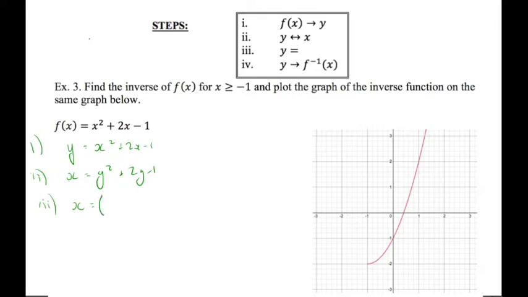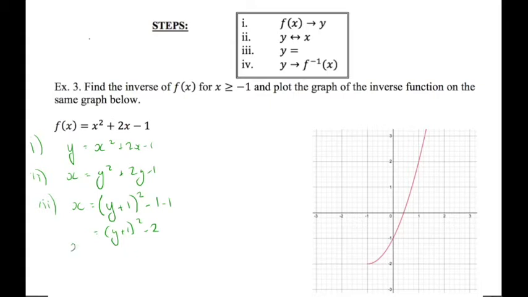So to complete the square for this, hopefully you know how to do that. We're going to get y plus 1, divide this coefficient by 2, squared, minus that b over 2, all squared. We're going to get minus 1 minus 1. Let's bring that 2 to the other side.